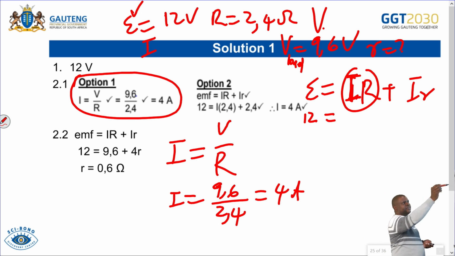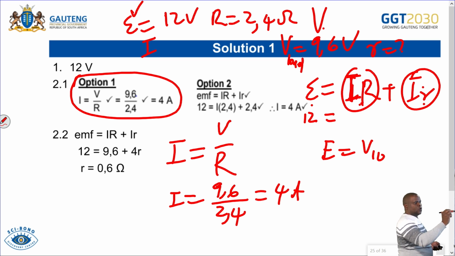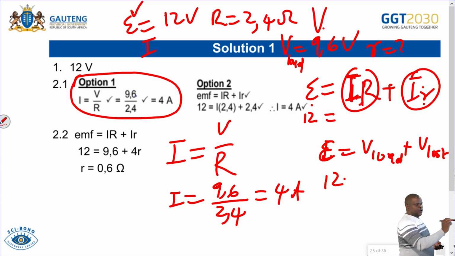current. Then this one here, how do we get this? We know how much is this. We know how much is this. Then we can get this one. We know that this E is equal to V load plus V lost. Then in this one, we know that 12 is equal to 9.6 plus V lost.